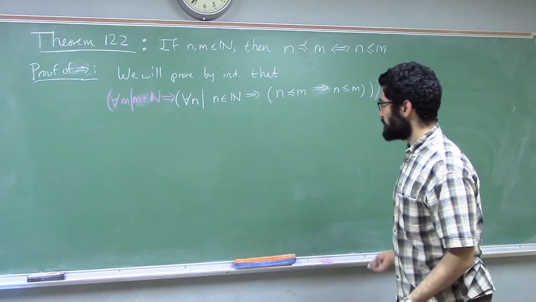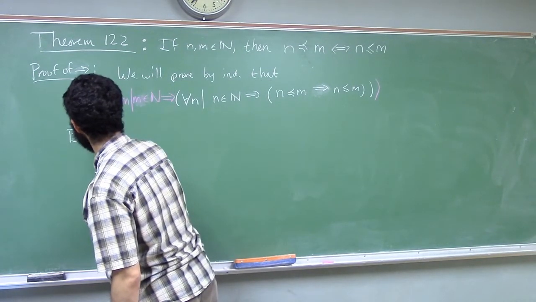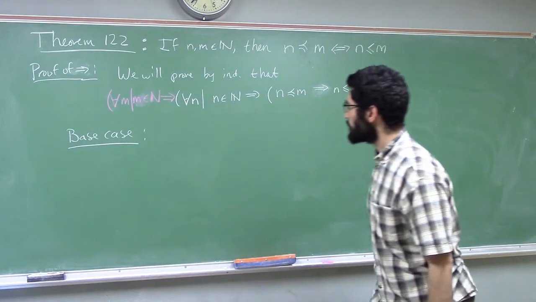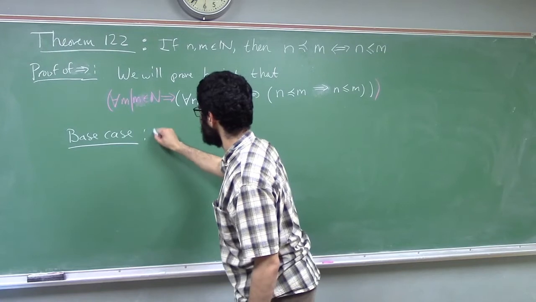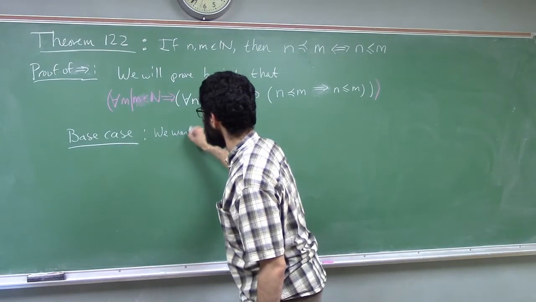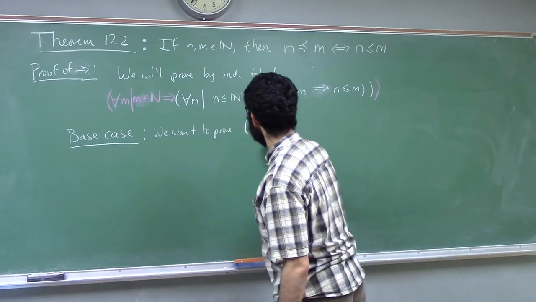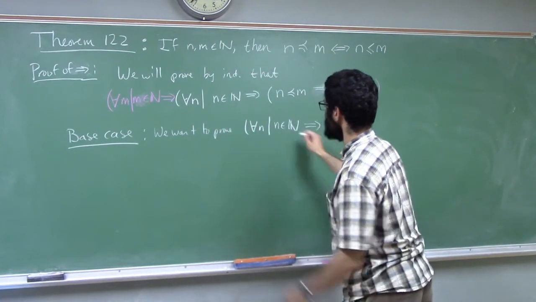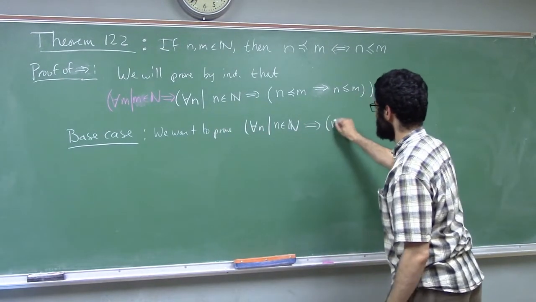Okay, so let's start with the base case. Let's state what it is. We want to prove that for all natural numbers n, so I'm writing the phi, but with the m replaced by 0.